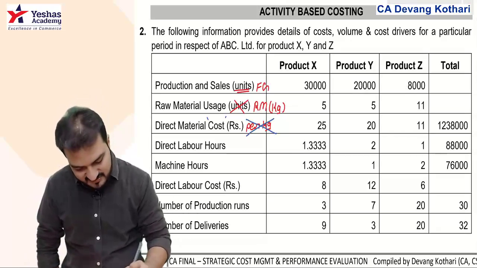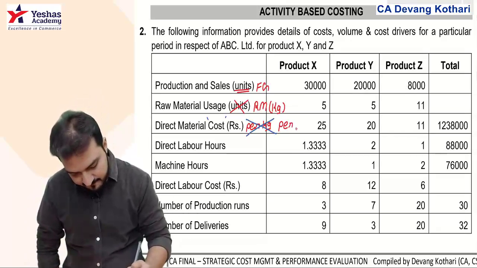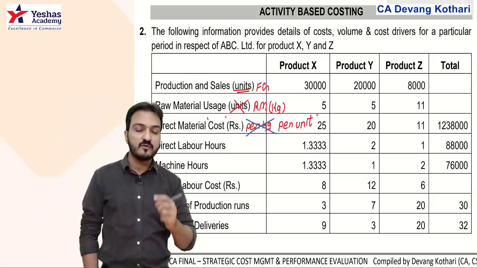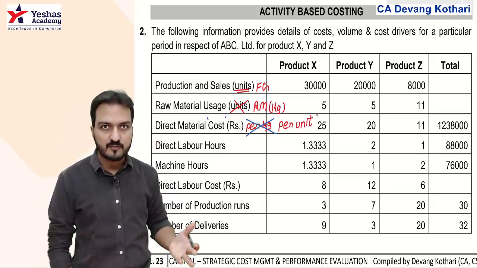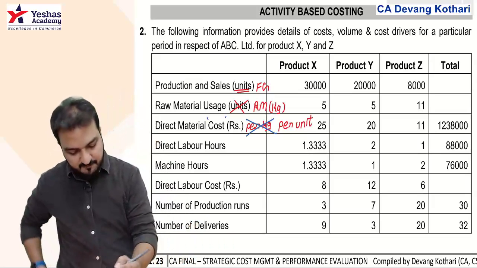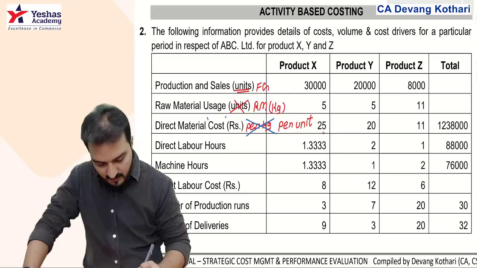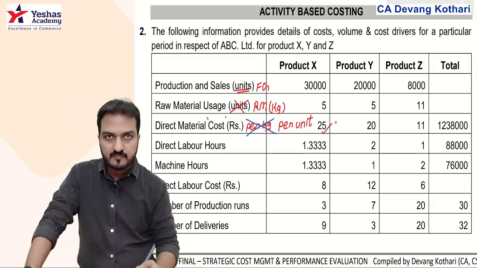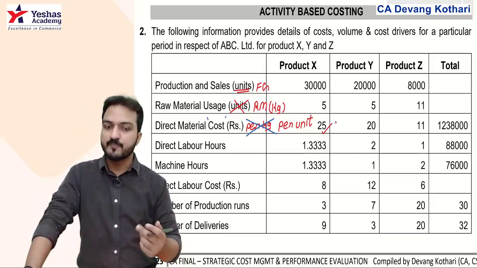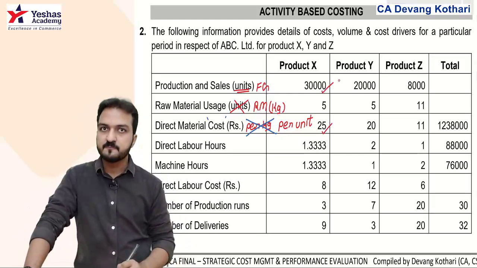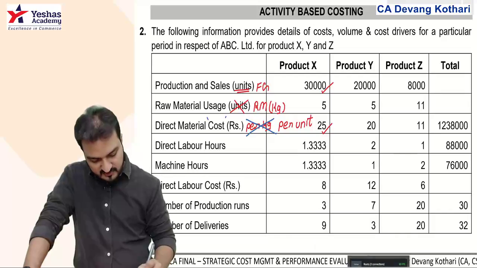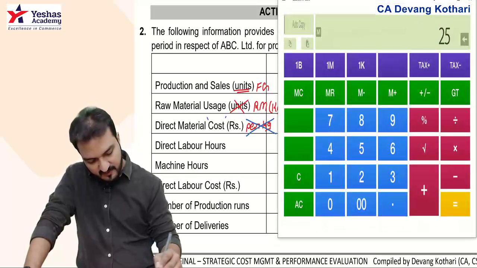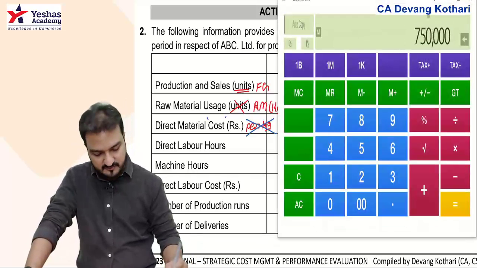Rather, what material cost is given here, it is per unit of your final product. Let us try with this. So if it is per unit of final product, meaning 25 is the material cost for 1 unit of X. How many such units of X am I producing? 30,000. 25 into 30,000. 25 per unit into 30,000 units makes it 7,50,000.